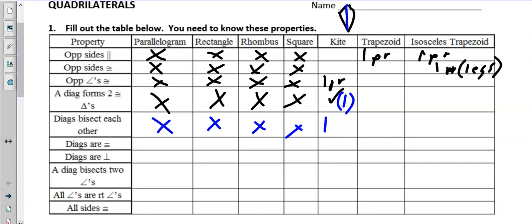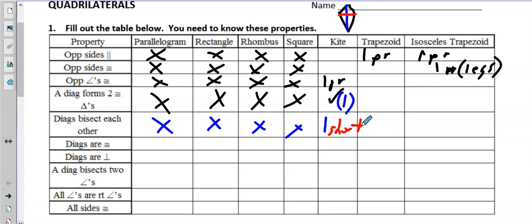One of the diagonals is bisected. If you look up here on this rough sketch, obviously the long one is not cut equally. There's a short piece and a long piece, but the short one, the red one I just drew, is bisected. So I'll say the short one is bisected by the other one.